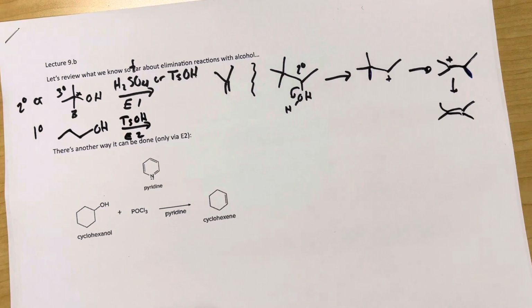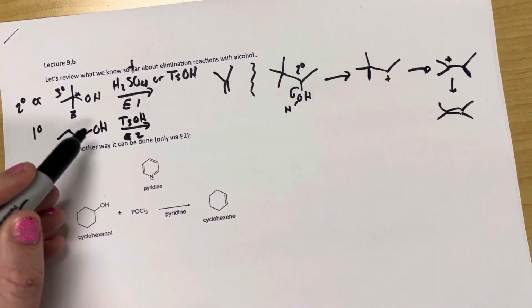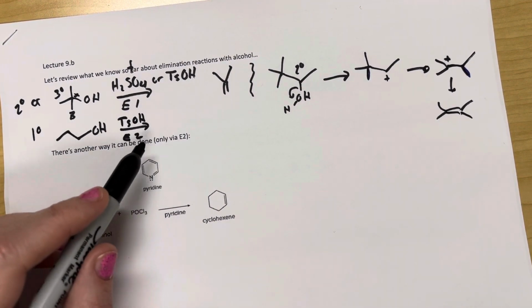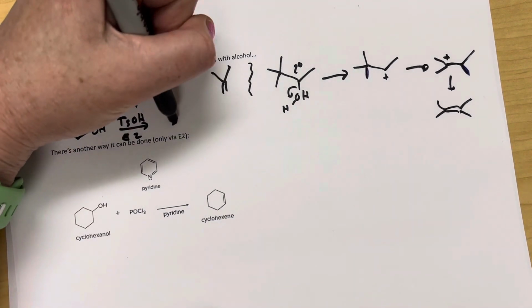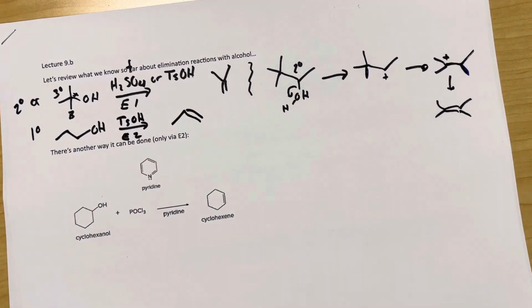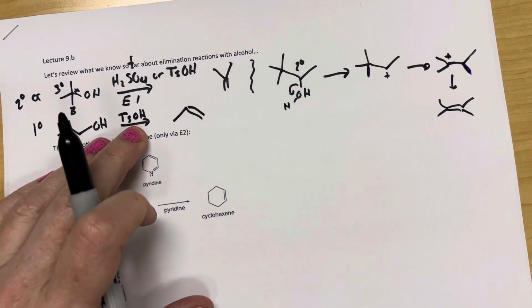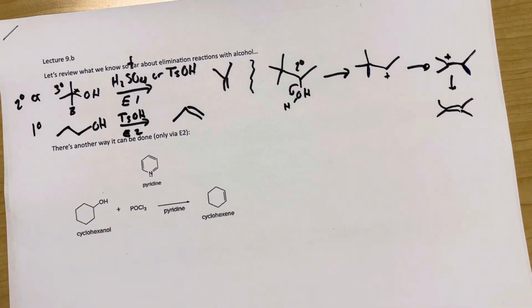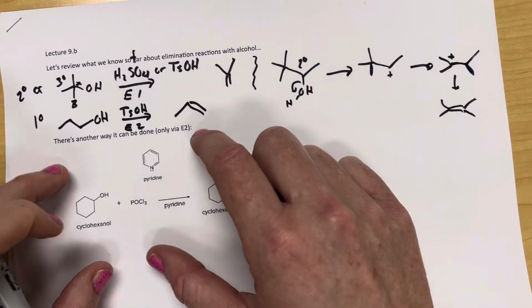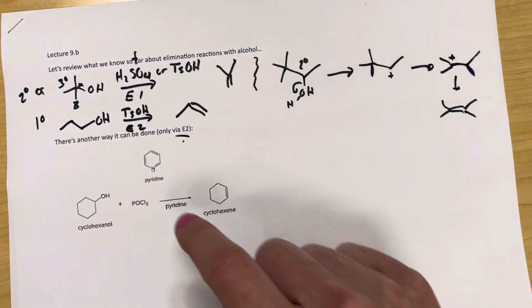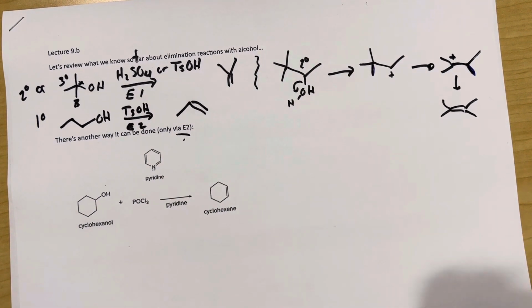If we react it with a strong acid, again, it will take on the H, it will be a good leaving group, and then we can go ahead and do the elimination. You'll just get the standard product. Sorry, I forgot that. Generally, primary with a strong acid is going to be E2, and secondary or tertiary with strong acid is going to be E1. Again, there's a second way to do it via E2, and that's with pyridine and POCl3.